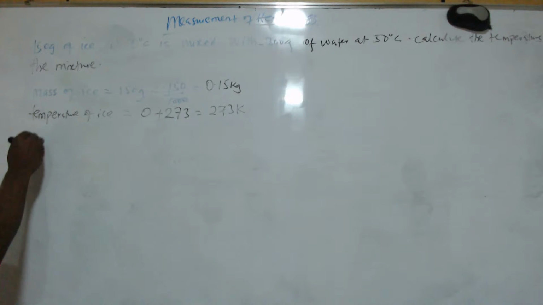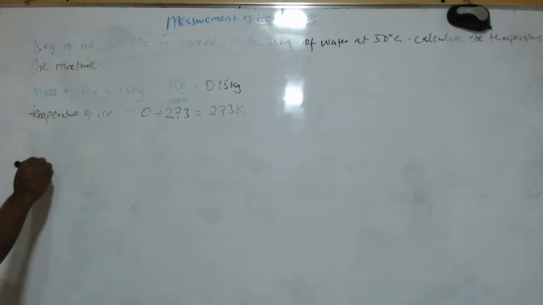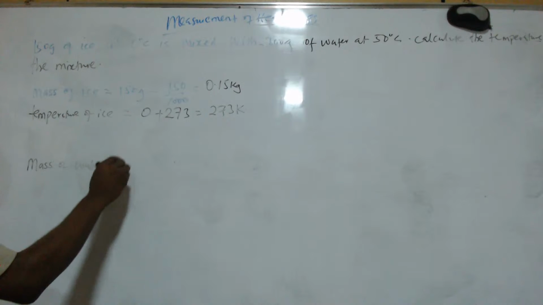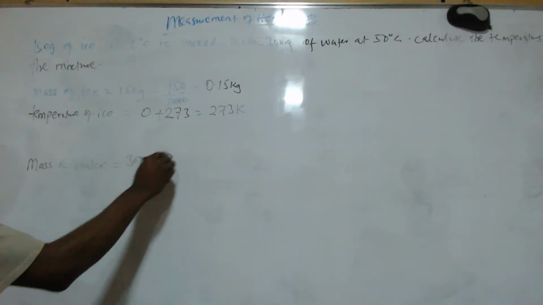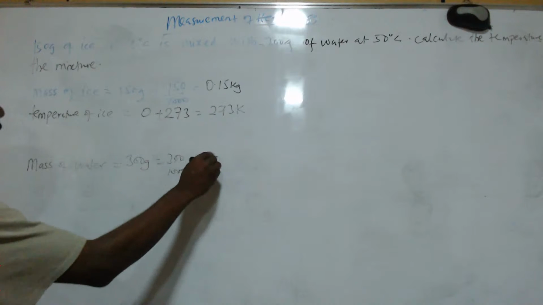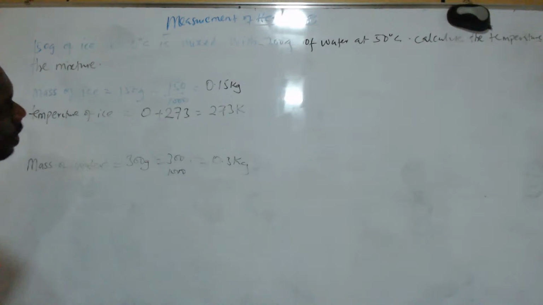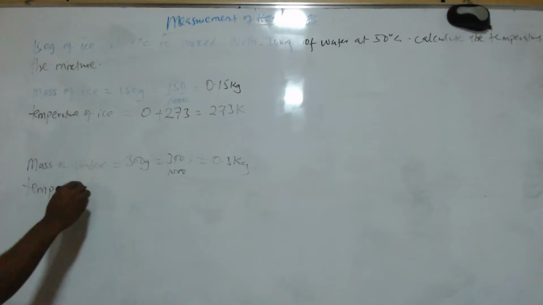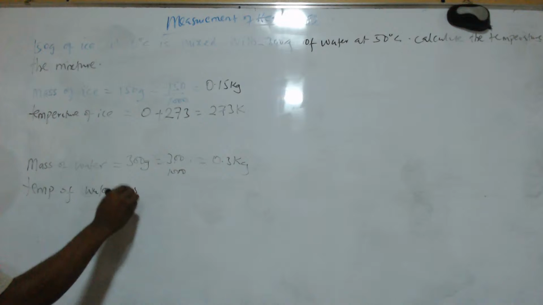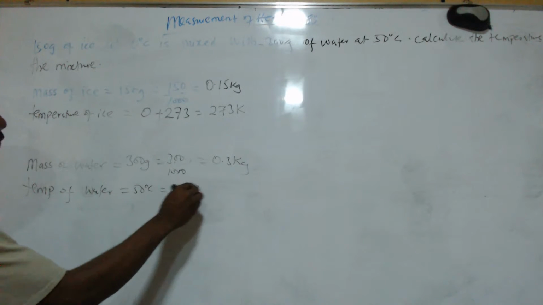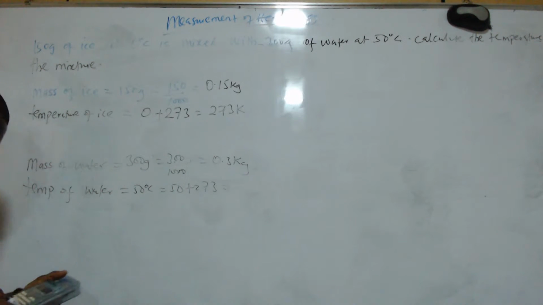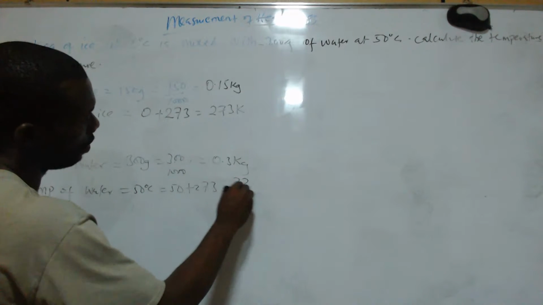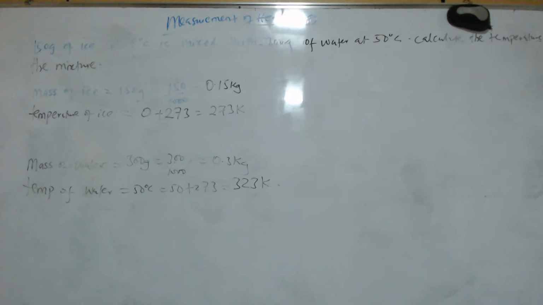Mass of water was 300 grams, which is 300 over 1000, which is 0.3 kilogram. Now, temperature of water was 50 degrees centigrade, which is 50 plus 273, which will give us 323 K.